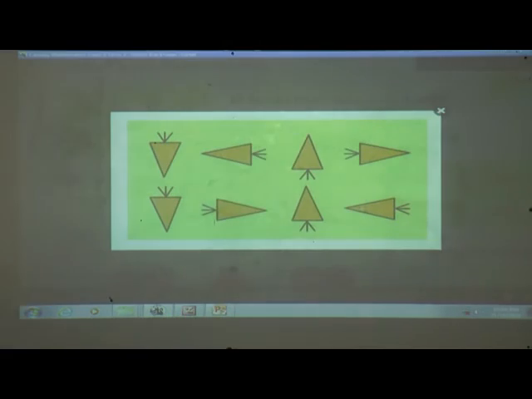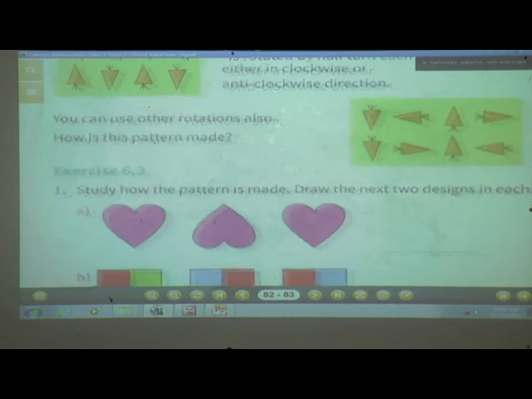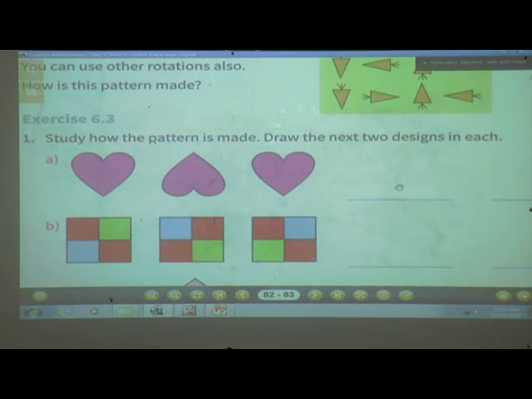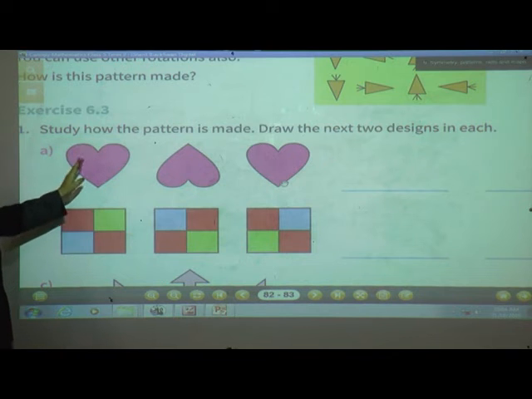So with the help of the patterns we are going to solve our next exercise, exercise 6.3. Students, see, show how the pattern is made. Draw the next two designs in each. Here they have given us one pattern.